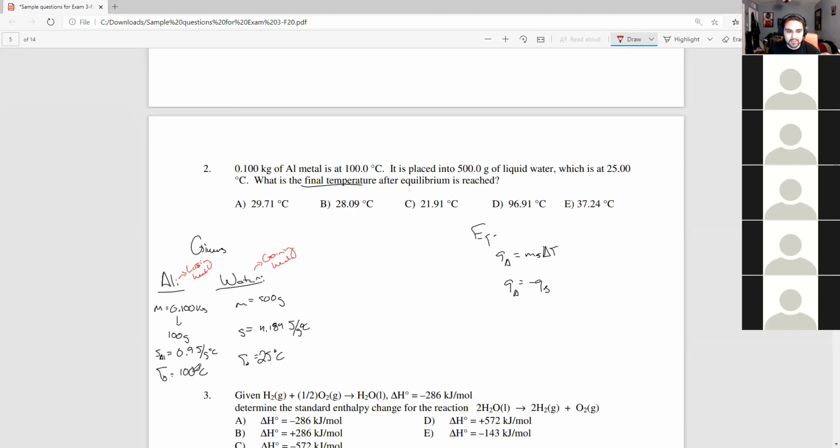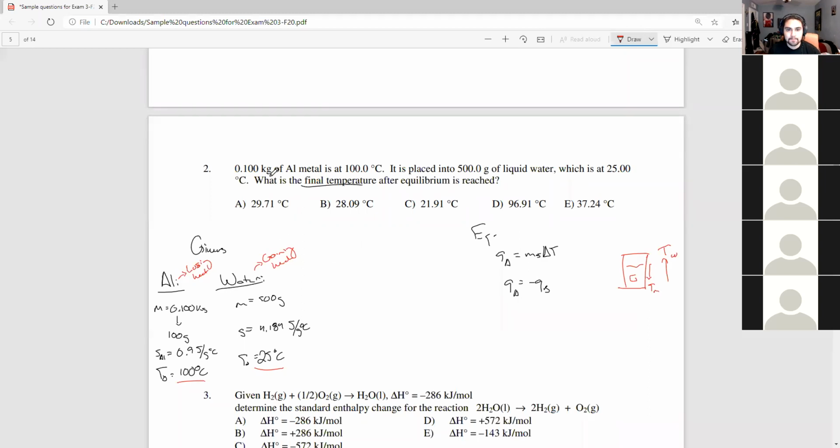We know this because our temperature for our metal is really high, and our temperature for water is really low. So whenever you place them together, let's say in a cup, the metal will come down in temperature while the water will go up in temperature until it reaches equilibrium.